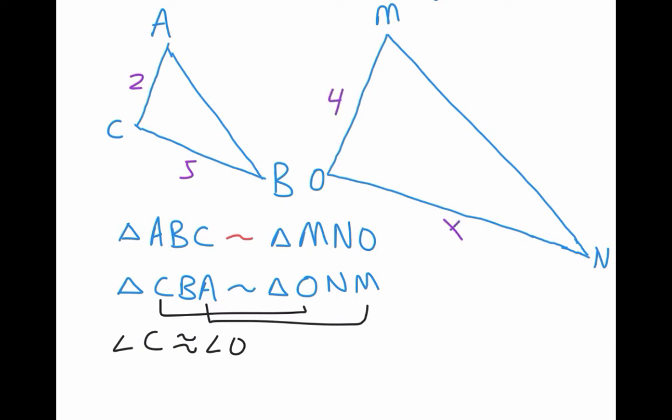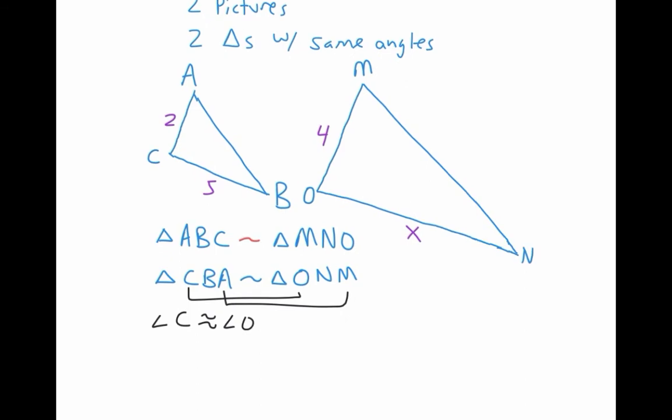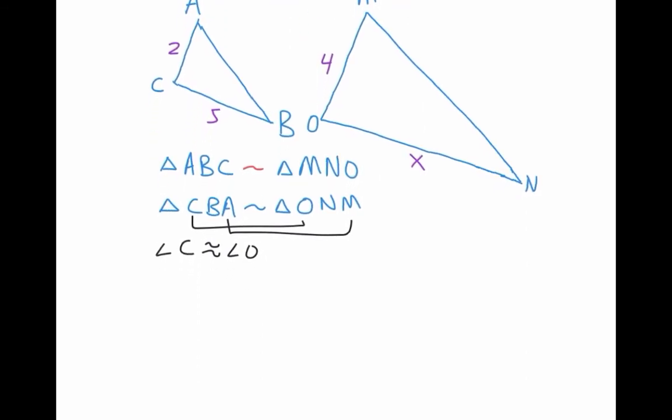If we're trying to find this missing side, because those triangles are similar, we could set up a proportion like we were doing in section 7. So in my first triangle, I could say 2 over 5, the ratio of this side to this side. As long as we know they're similar, that should equal the ratio of this side to that side. So 2 over 5 equals 4 over x.